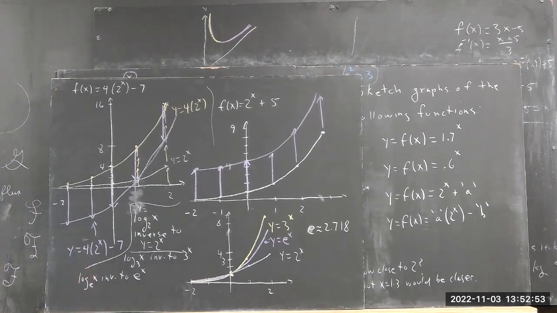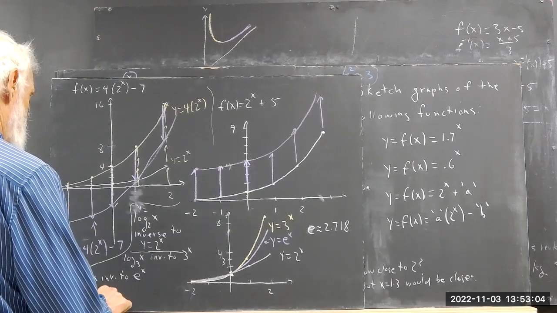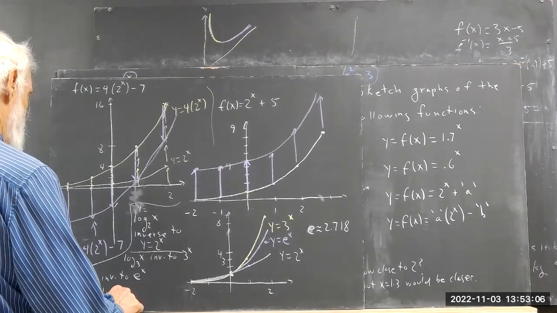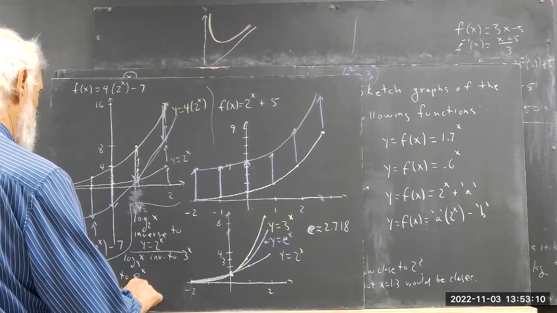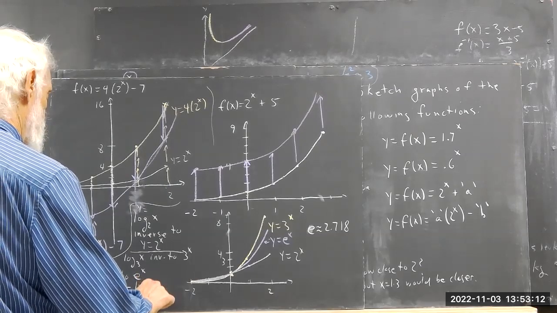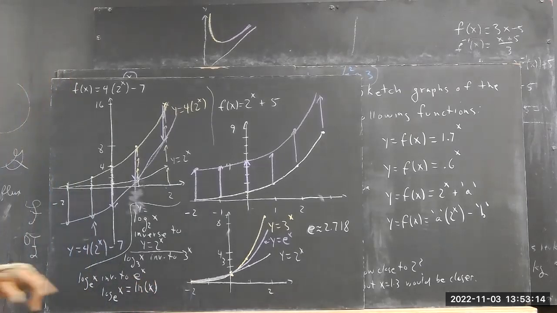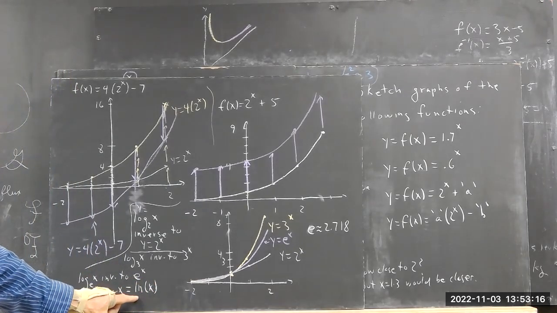Log base e of x is inverse to e to the x. Log base b of x is inverse to b to the x. Okay, there's a pattern here. Log base e of x is ln of x.